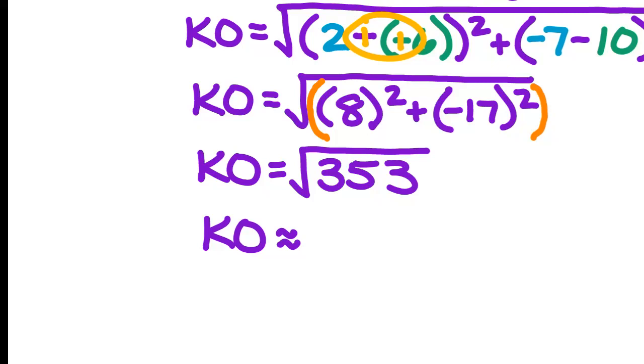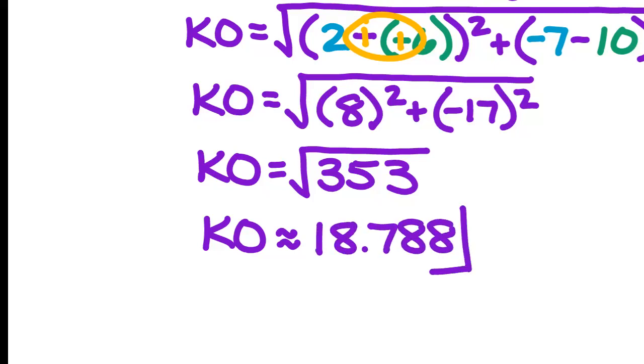So after you hit enter and you see that radical 353 show up on the screen, you push this button next. This has to be the very next button you push after you put this in your calculator and hit enter. And what do you get? 18.788. Absolutely correct.